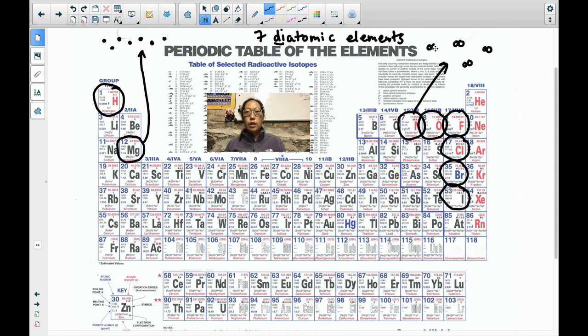Still a pure element, still a single element, except that now, instead of having single atoms, as in the case of magnesium, we have a gas which is composed of molecules, nitrogen molecules.